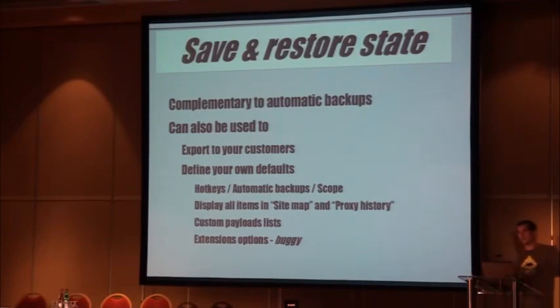Save and restore are the classic companion of the automatic backup feature. In fact, you can use it to export to your customers if your customers are advanced enough to have Burp themselves. So it's very useful.